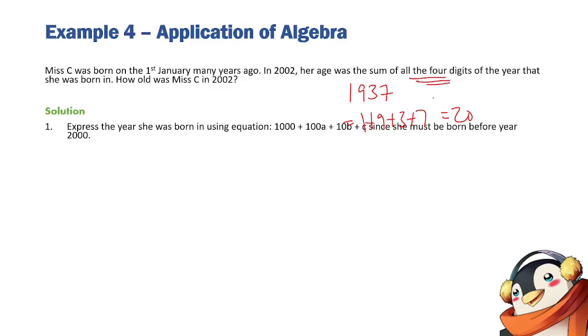So again, you can express the math in the kind of equation that we have just learned. Because she cannot be born in year 2000, right? She cannot be 2 years old, because it says many years ago. So it can be 19 something, right? So express it in this equation form.